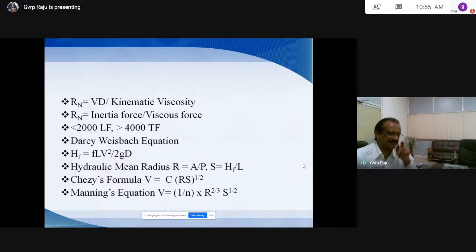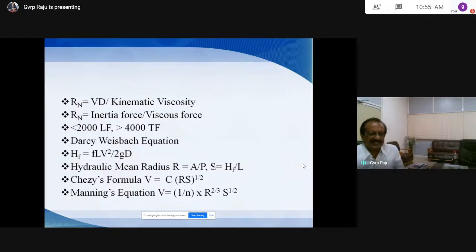The cross section area is pi d square by 4, and the perimeter, as you know, is pi d. So pi d square by 4 divided by pi d gives d by 4. So the hydraulic mean radius for a circular pipe running full of diameter d is R equal to d by 4. Then we can find out R without any difficulty.